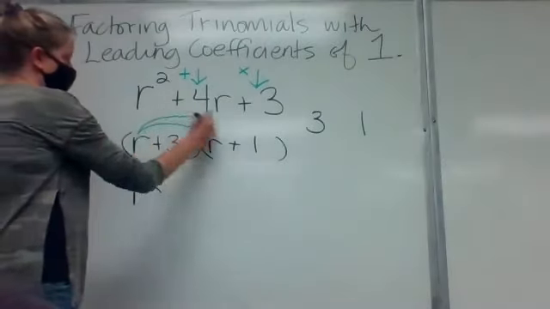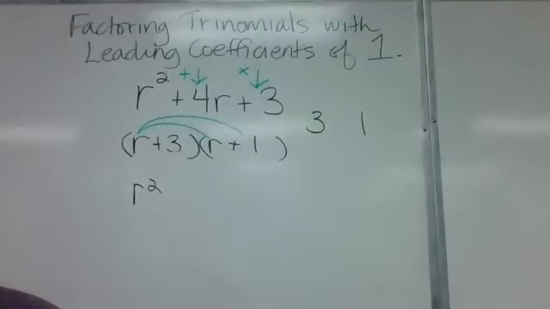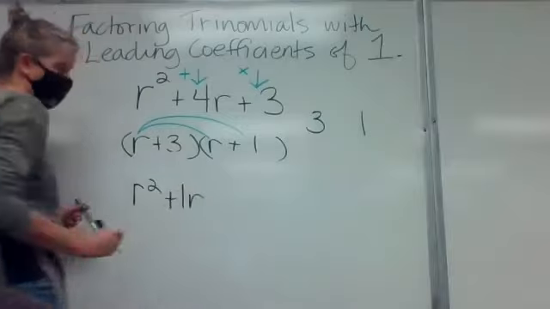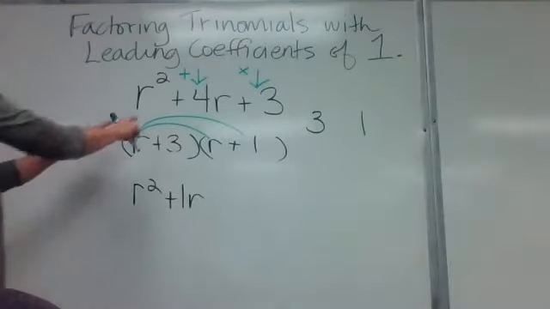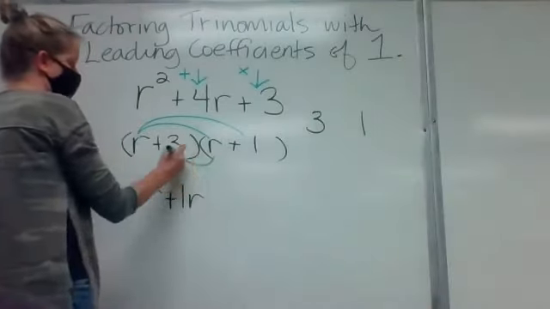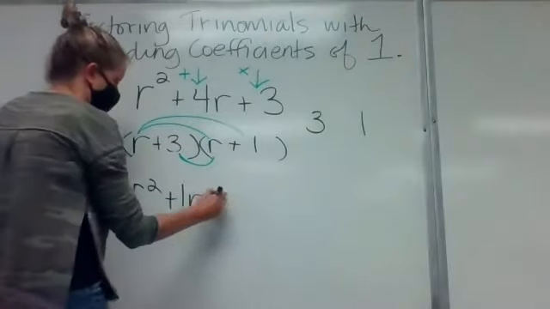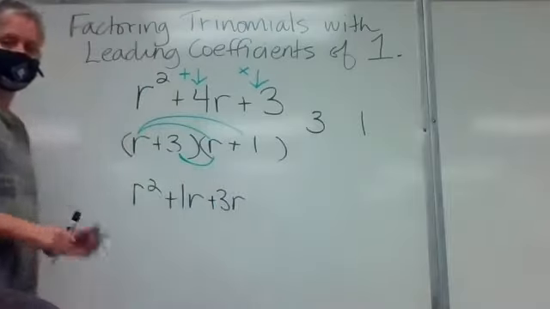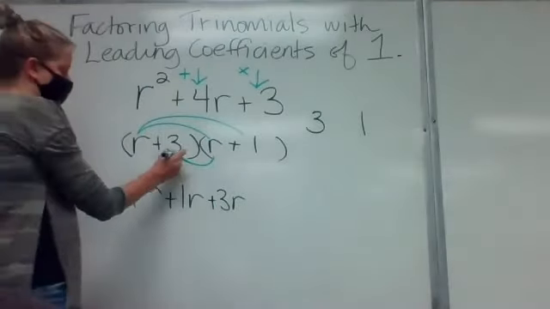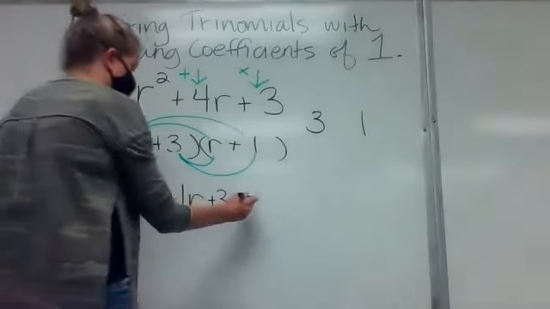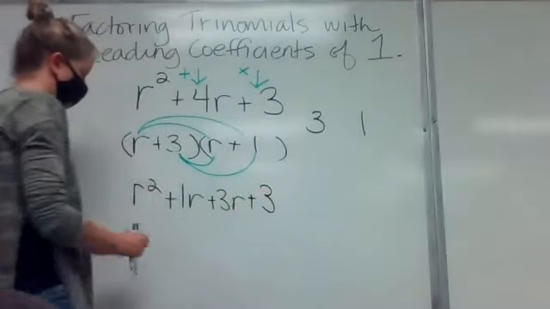What's your outer? R times positive 1, which is positive 1r. What comes after your outer? Then you jump to your inner. Positive 3 times r gives me positive 3r. And then your last, positive 3 times positive 1 gives me positive 3.